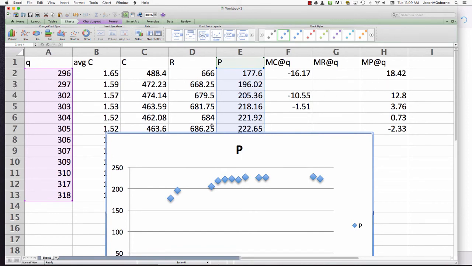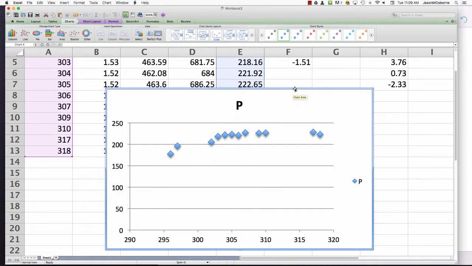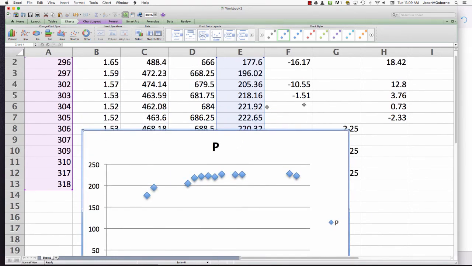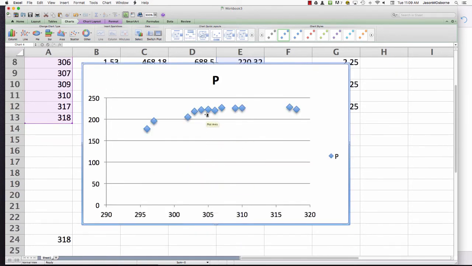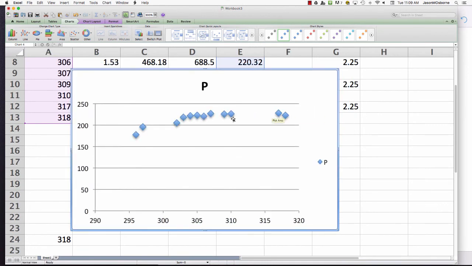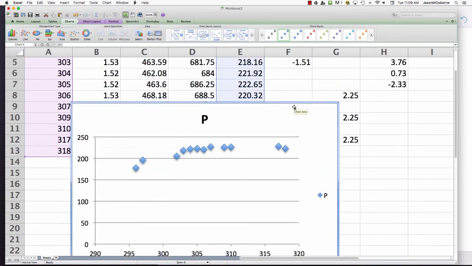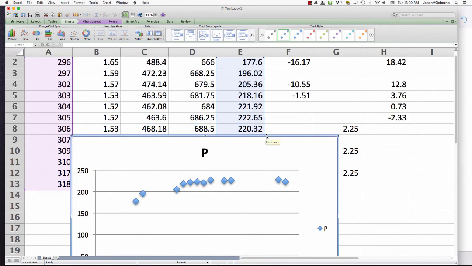Okay, let's see, at the 305 range, 305, right here, it looks like the profit went down a little bit, right? But then it looks like right here at the 309 range, maybe the marginal profit will go back up again.